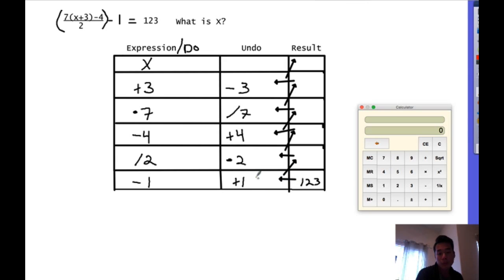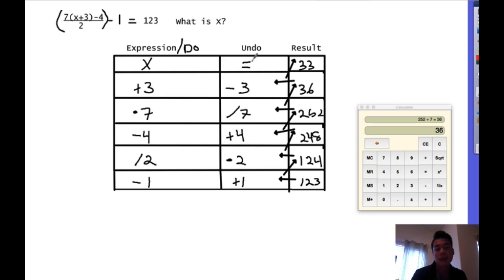So 123 plus 1, put the result right here, it's 124. 124 times 2 will be 248. 248 plus 4 going back in is going to be 252. 252 divided by 7 is going to be 36. 36 take away 3 is going to be 33. And there's nothing left, so there's my answer.